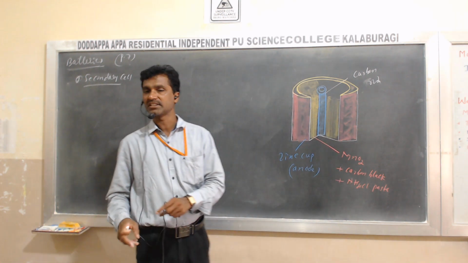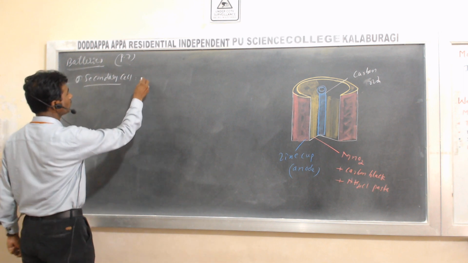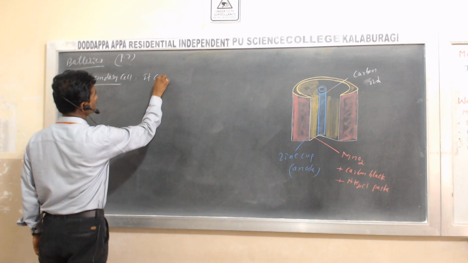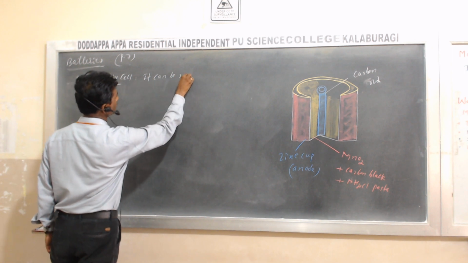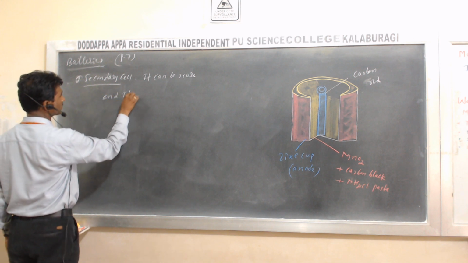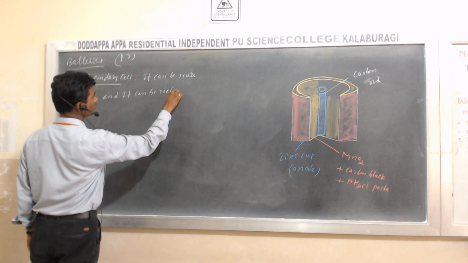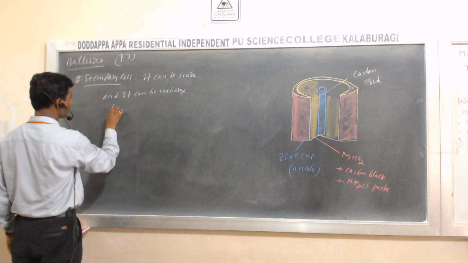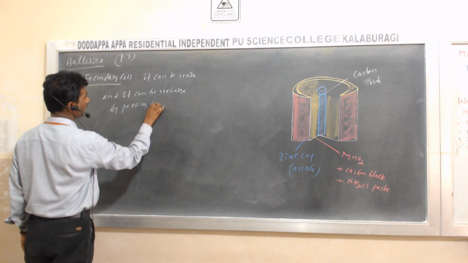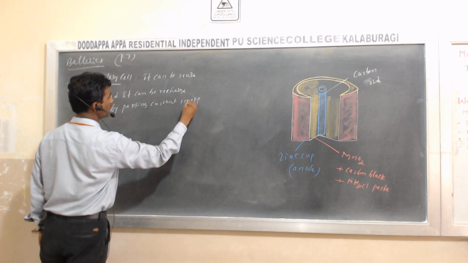Now the second is the secondary cell. What is a secondary cell? It can be reused, and it can be recharged by passing current in the opposite direction. After use, the secondary cell can be recharged by passing current in the opposite direction.